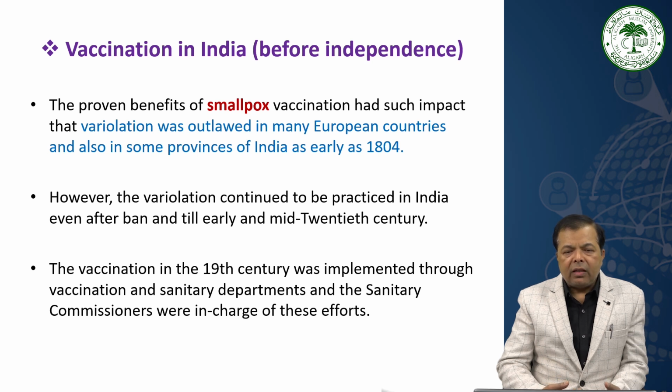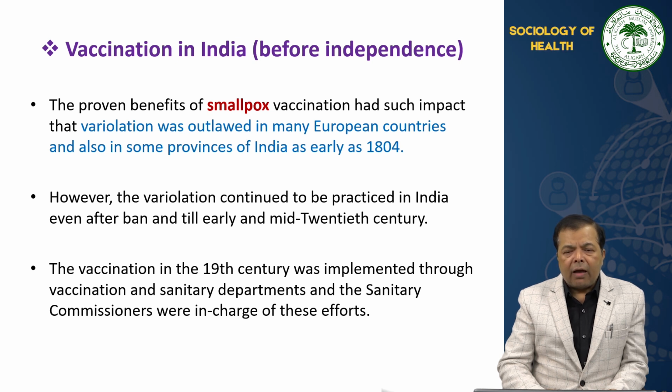The vaccination in the 19th century was implemented through vaccination and sanitary departments, and the sanitary commissioners were in charge of these efforts. So we learned that in the 1850s in the United Kingdom, the sanitary inspectors became very important, and their role was instrumental in fighting against the epidemics.